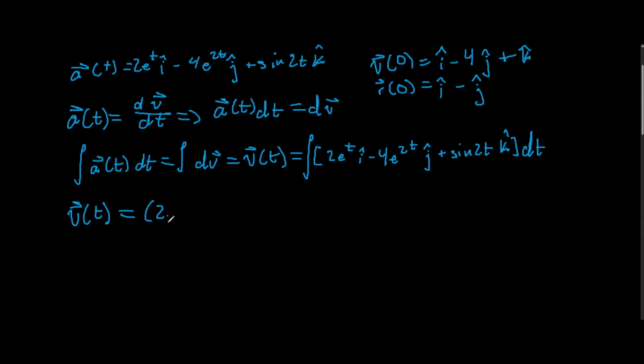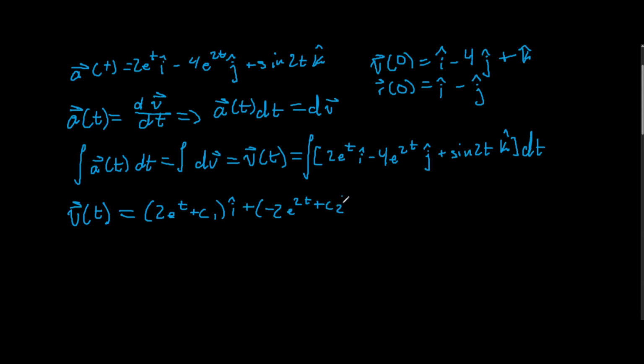Now if we integrate this, the velocity function turns out to be 2 times e to the t plus c1 in the i direction, plus negative 2 times e to the 2t plus c2. Since we're integrating without proper bounds, we leave a constant for each term, for each direction, like they're being separated.